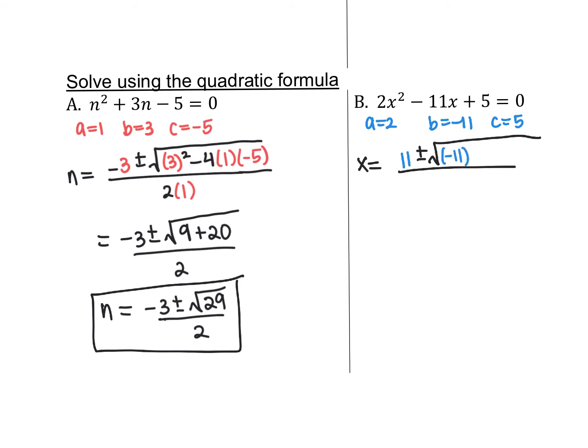Then b, put it in parentheses before you square it. Minus 4 times a times c, all over 2a. Okay, let's go ahead and simplify this just like we did the last one.